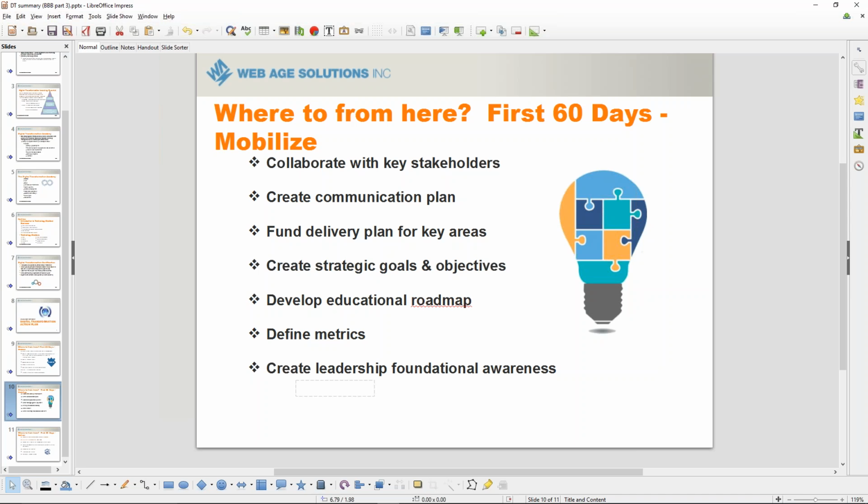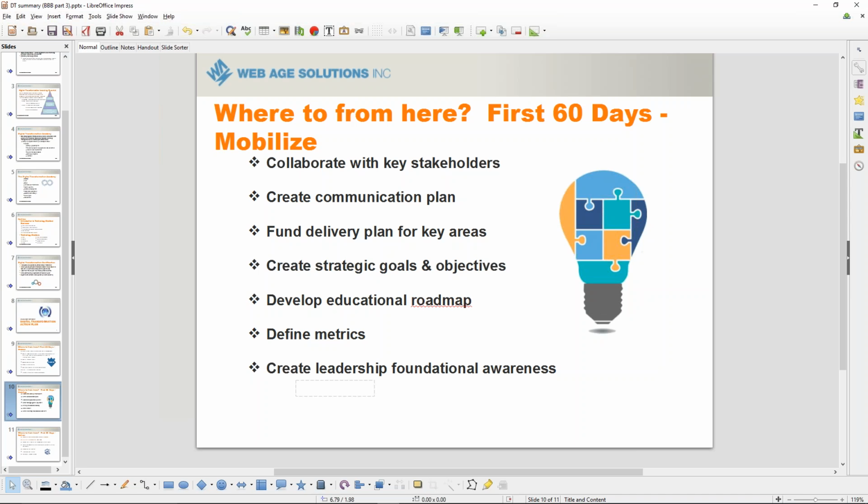We need to figure out how to involve the architect, the project manager, the business analyst, whose roles have been turned upside down. Having a communication plan, having regular messaging so that the organization is kept informed of the direction we're going, is a very important thing to do.